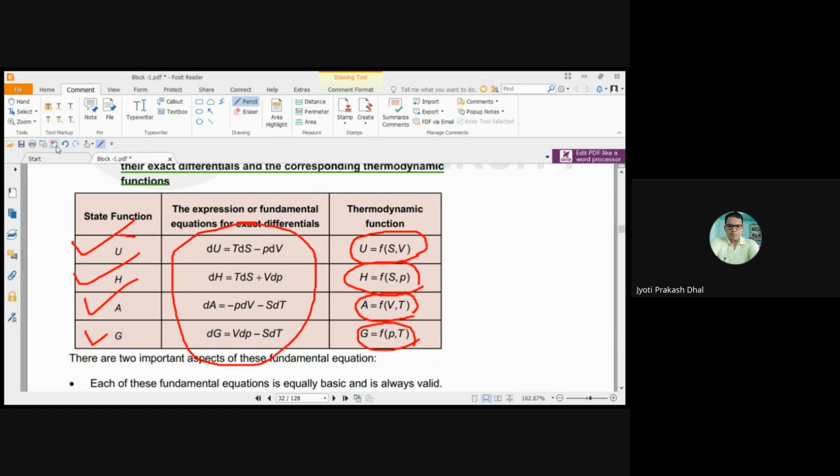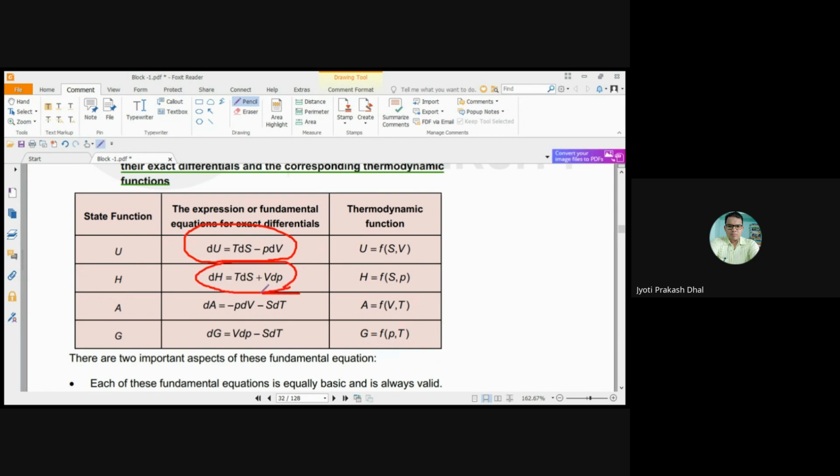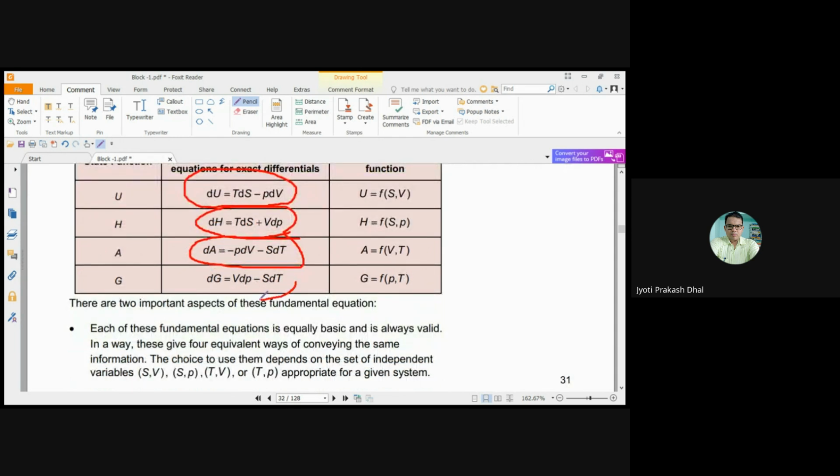So this is the first differential term, that is the differential of U, internal energy. That is dU equals TdS minus PdV, and this is dH equals TdS plus VdP, dA equals minus PdV minus SdT, and dG equals VdP minus SdT.